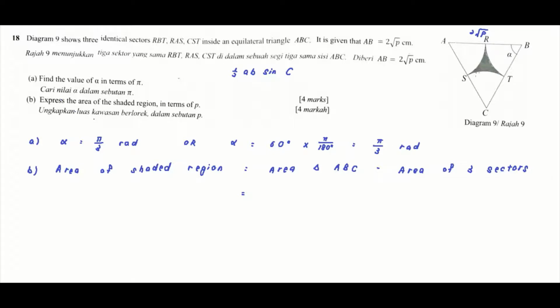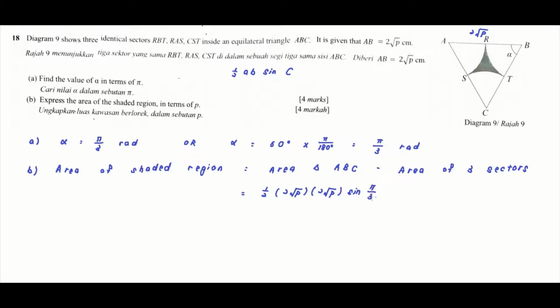In this case, since it's an equilateral triangle, all the sides have the same length, which is 2 square root P. So 1 over 2 multiplied by 2 square root P and another 2 square root P, then sine. What is the included angle? If I'm taking AC and CB, I need this angle, which will be pi over 3.